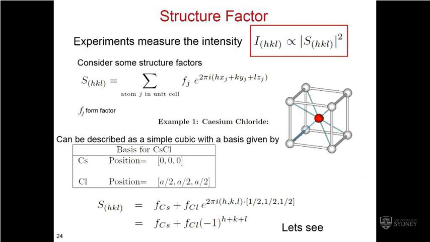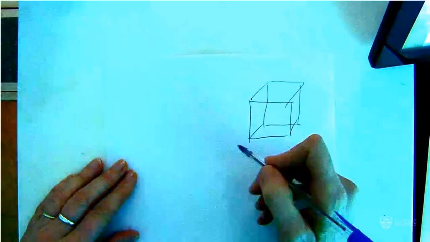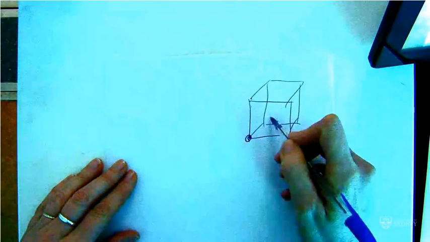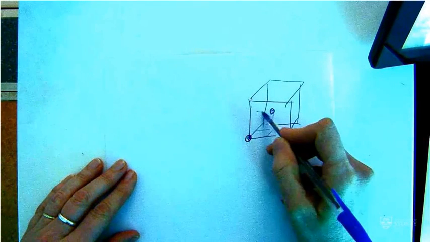First of all, we have our cell. It's always good to draw your cell. Got an atom here, something like that.